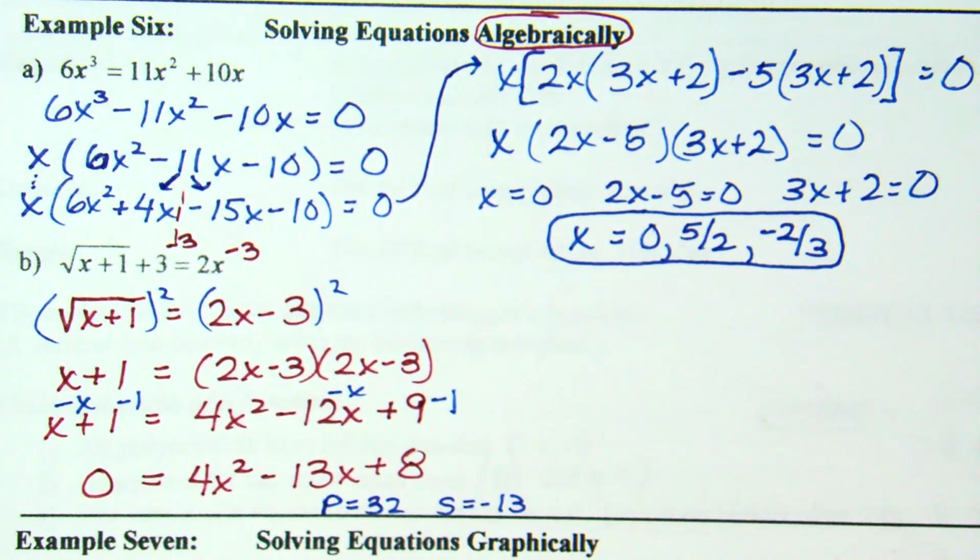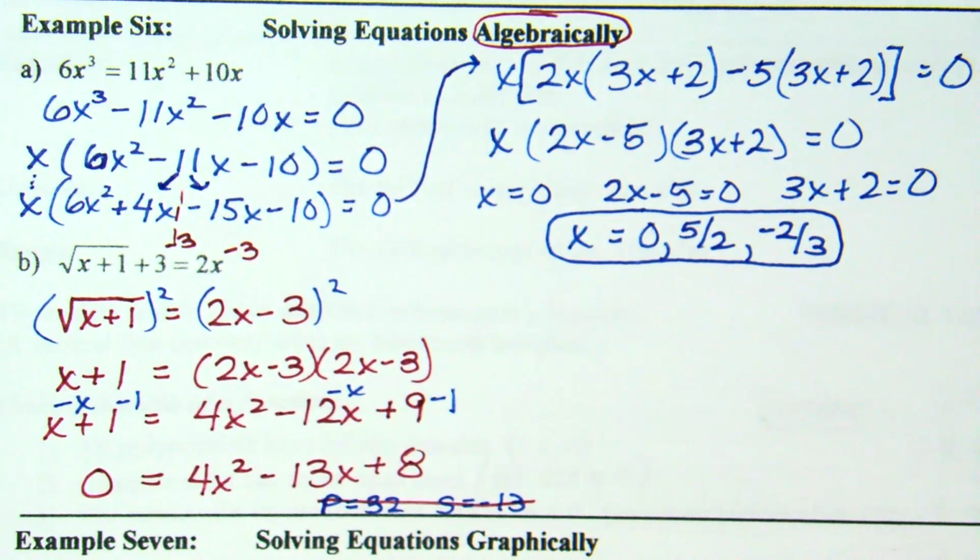And then I'm at 8, which I already used, 4 and 8. So unfortunately, as much as you guys were hoping this factors, we tried, which is good. It doesn't factor.